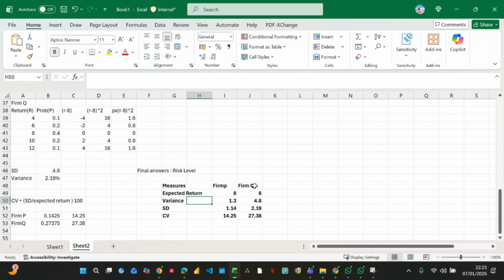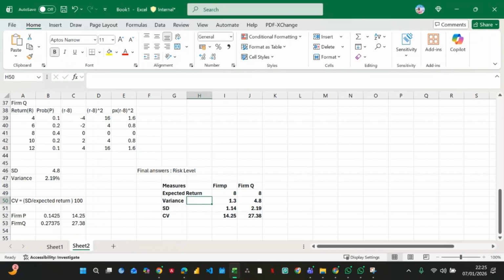Now you have used all these measures to determine the level of risk. So looking at this, what are you going to look at to say that this one has more risk than another one? How can you conclude on this?